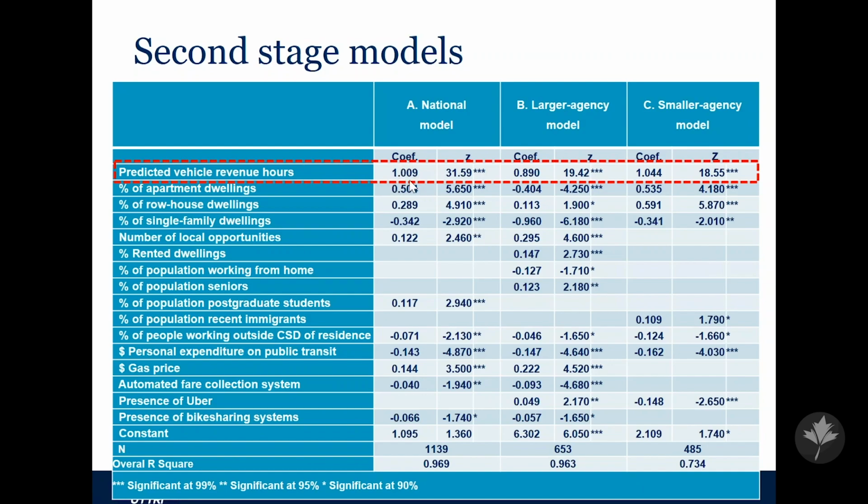To interpret the coefficient at the national level: for a 10% increase in vehicle revenue hours, we see more than a 10% increase in ridership. So it's an indication that the more supply, the more service we provide, there's an associated ridership increase with that increase in revenue hours.